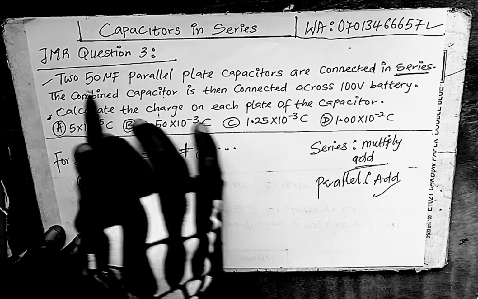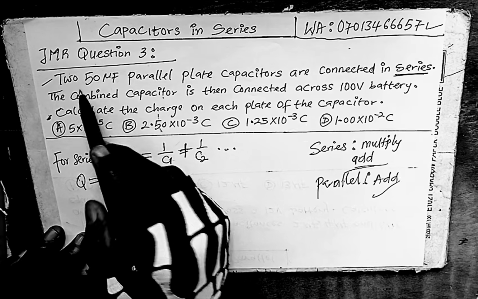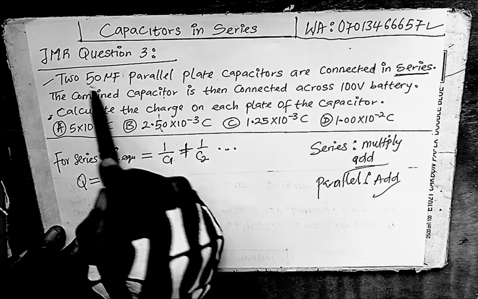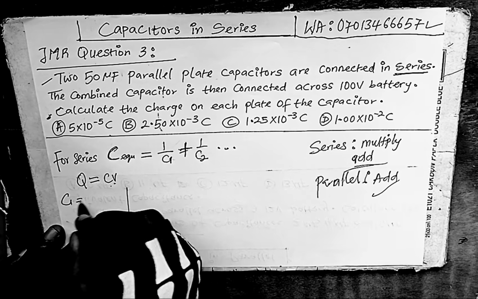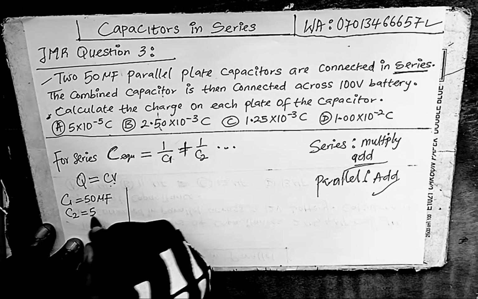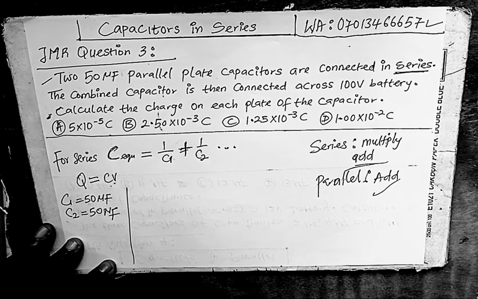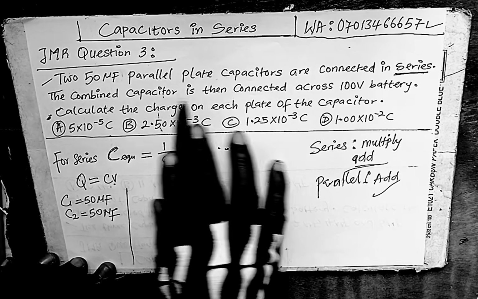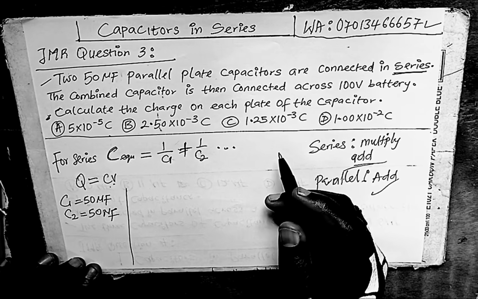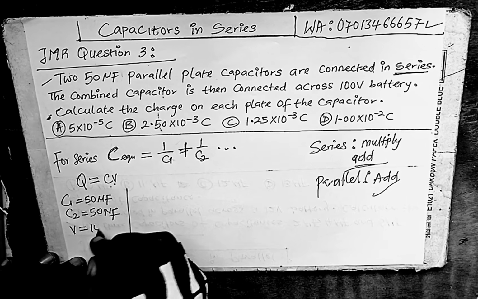Two parallel plate capacitors, which are their capacitance. So C1 equal to 50 nanofarad, C2 is equal to the same 50 nanofarad. What else were we given? Then across a battery with volts, which is the potential difference. V is equal to 100 volts.